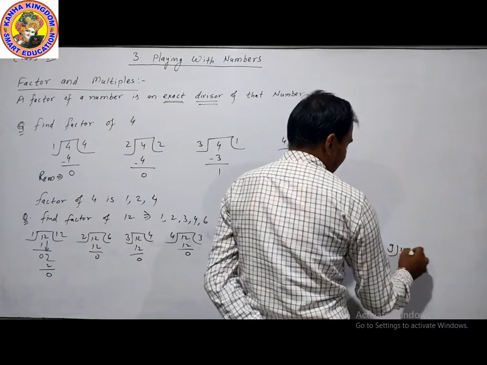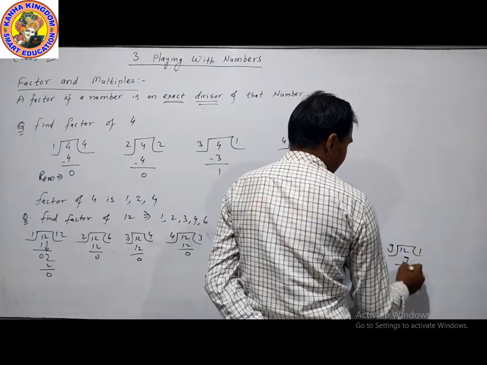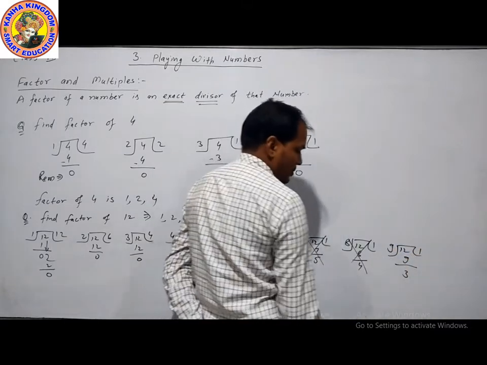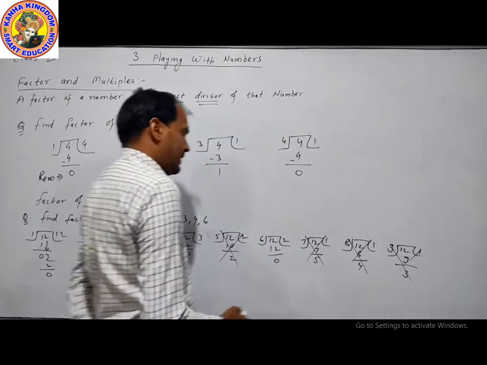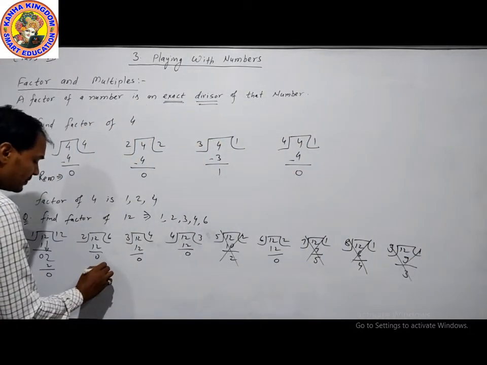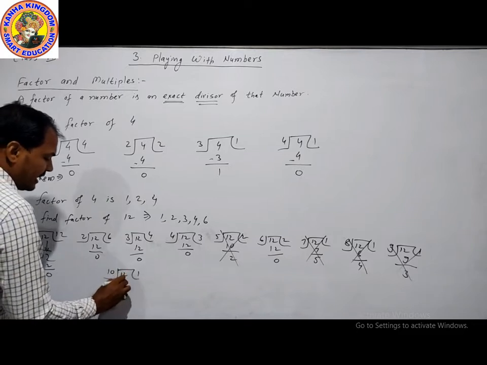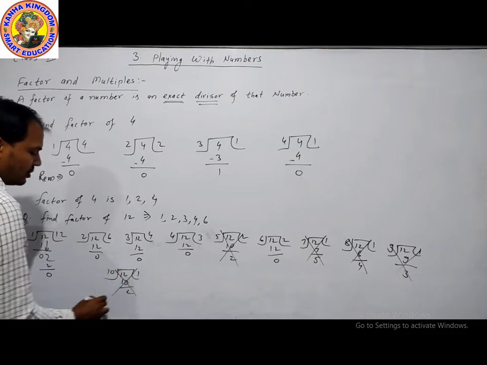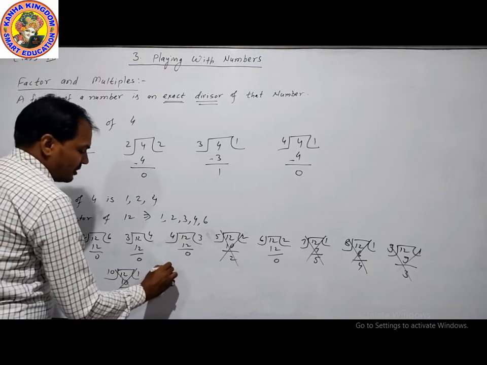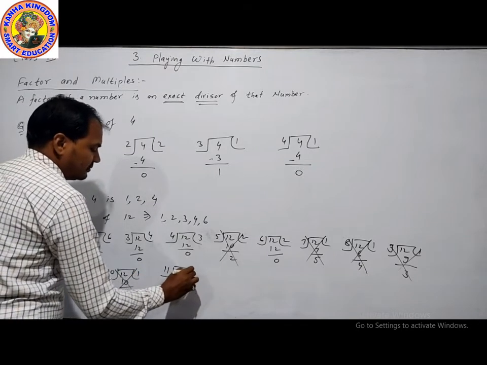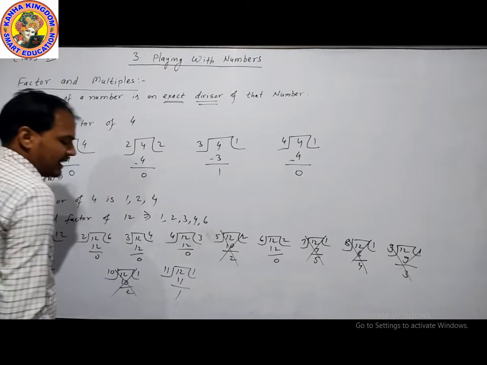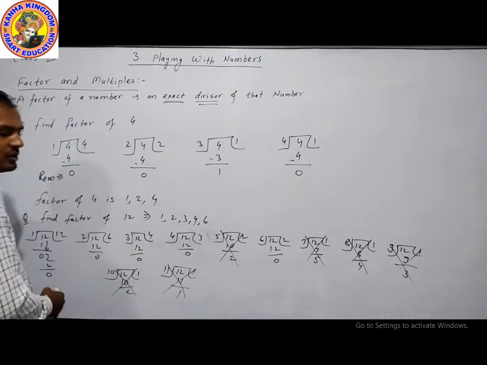By dividing 9: 1 times 9, remainder is 3, not equal to 0. So 9 is not a factor. Then 10: 1 times 10, remainder is 2. So this is not a factor. By dividing 11: 1 times 11, remainder is 1. So 11 is not a factor.